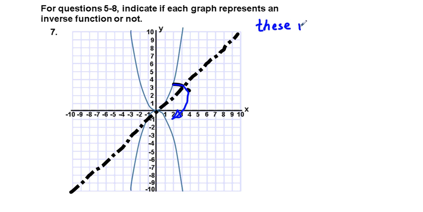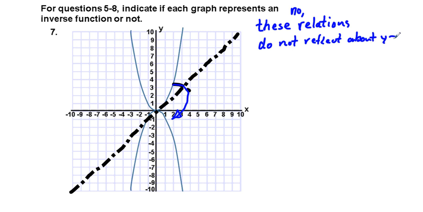These relations, I will call them, I will say no, these relations do not reflect about the line y equals x. Okay, there it is, y equals x, not reflect.